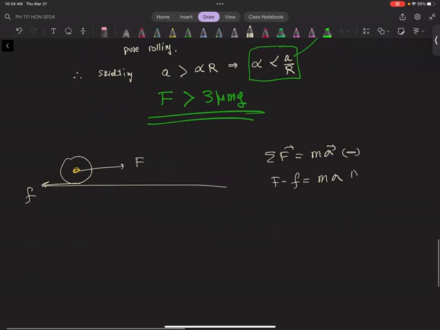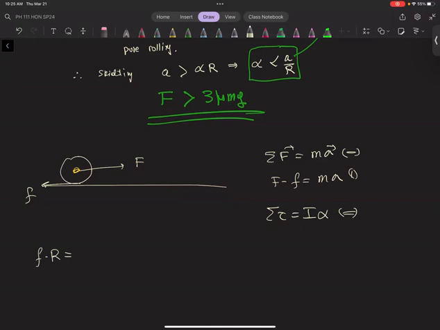Equation 1. Equation 2, sigma of torques equals I angular acceleration about the center. Which force is producing the torque? You said it. Come on. Friction, yes. Friction times the radius equals the moment of inertia. What moment of inertia will you choose?